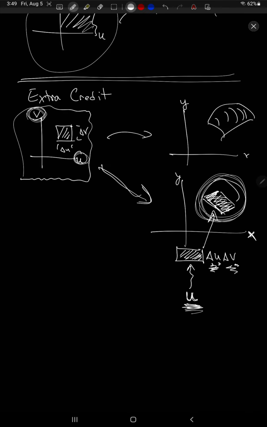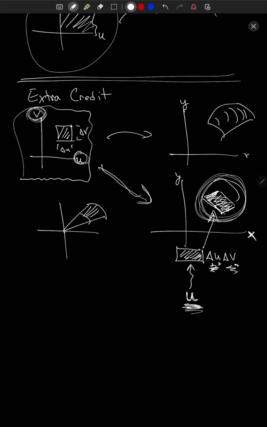We figured out the r dr d theta by carefully analyzing sectors of the circle, but this way of analysis is much more general. The analysis you did in that extra credit problem works for any mapping. It wasn't restricted to things where you could analyze the sector of a circle.